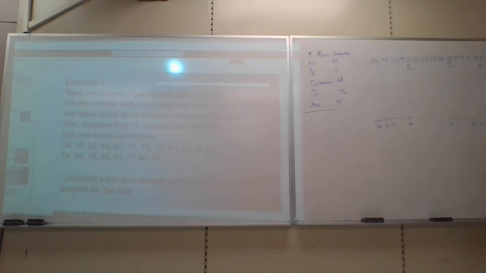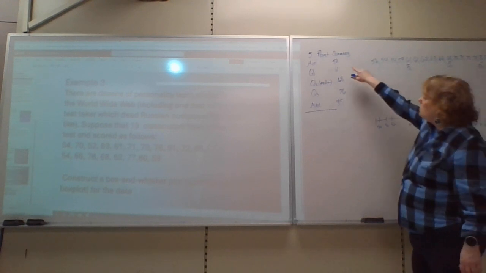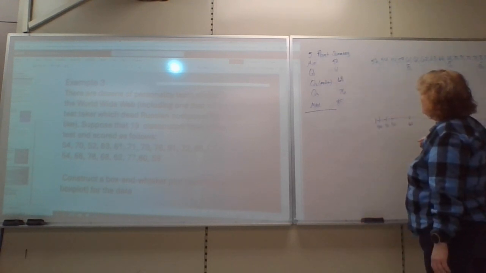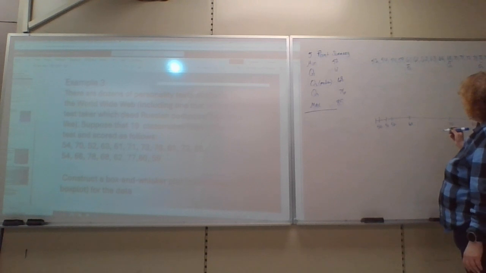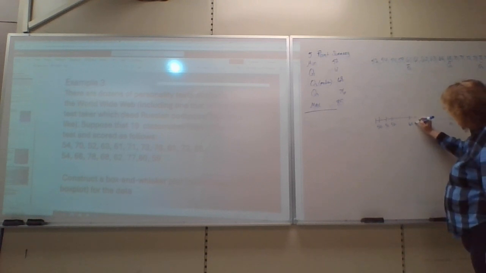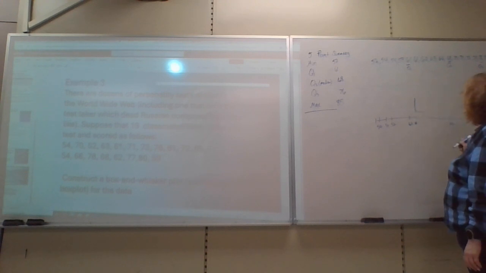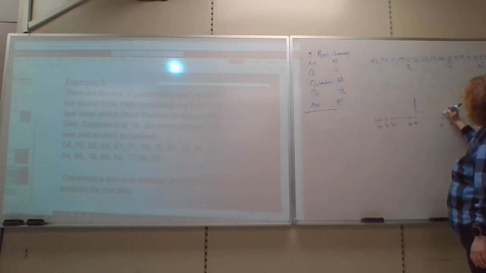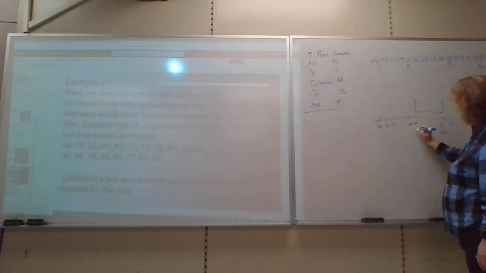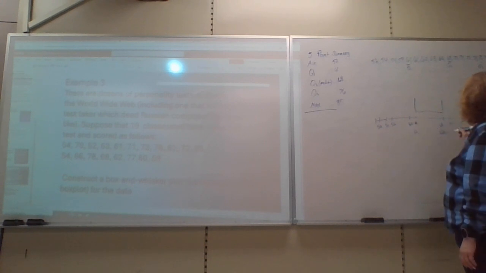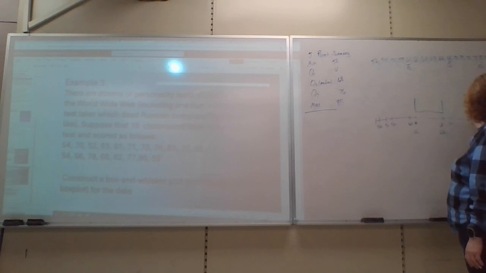Okay, so the whiskers will be your min and max. Your first line of the box will be at the 61, right there. We'll put a box here, up, and we go over to the median, which is 68. This is my Q2, and that was Q1. And then we go over to 76 here somewhere.